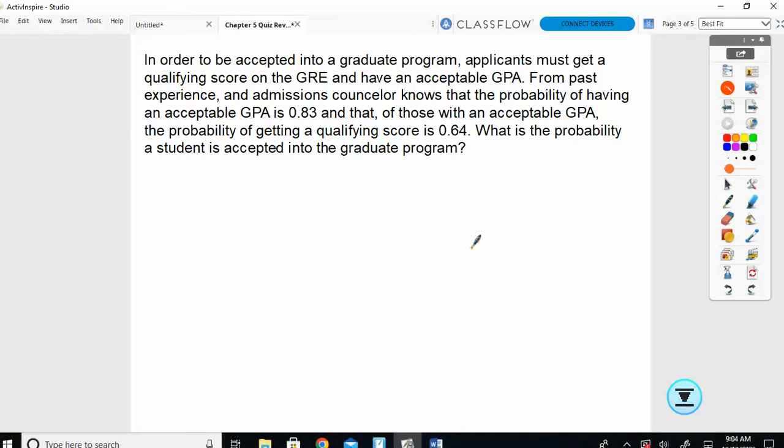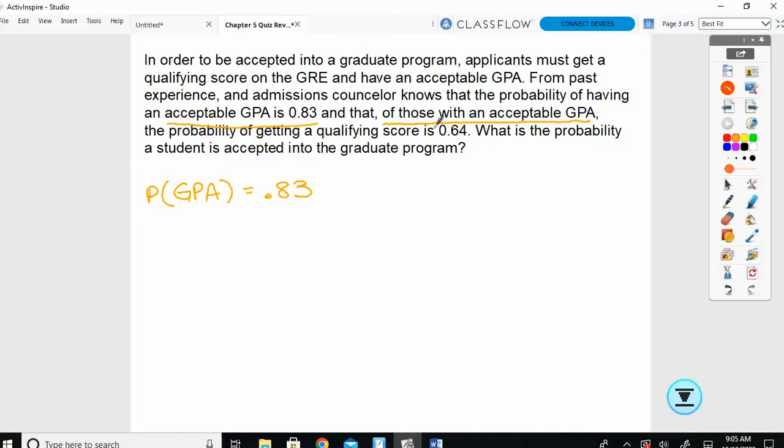In order to be accepted into a graduate program, applicants must get a qualifying score on the GRE and have an acceptable GPA. From past experience, the admissions counselor knows that the probability of having an acceptable GPA is 0.83. So the probability they get the GPA is 0.83.